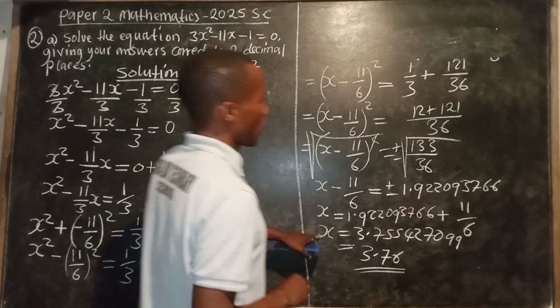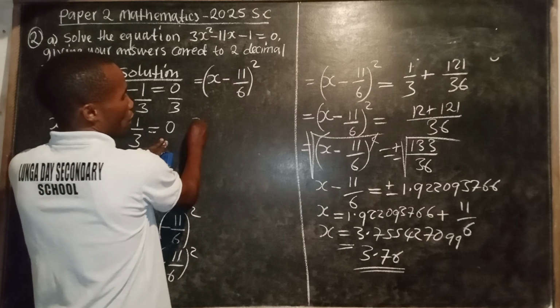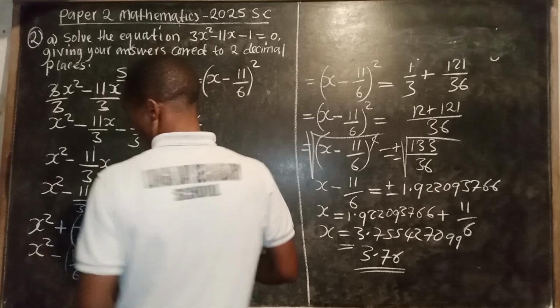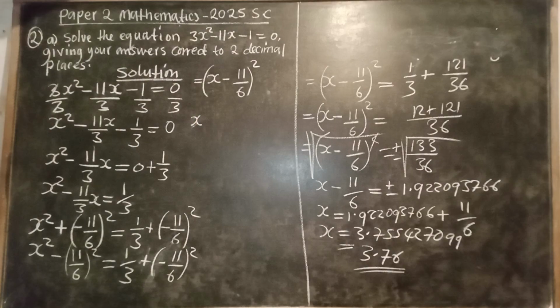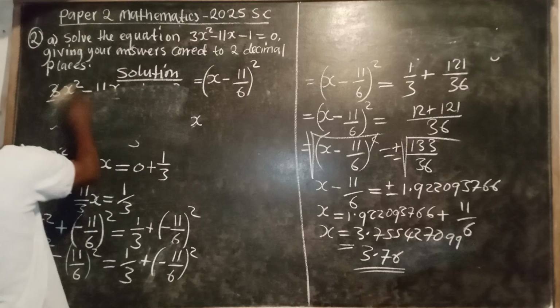The other one, looking at the space, I can write from here, where we say x. Let me wrap the first part here so that I can write properly.